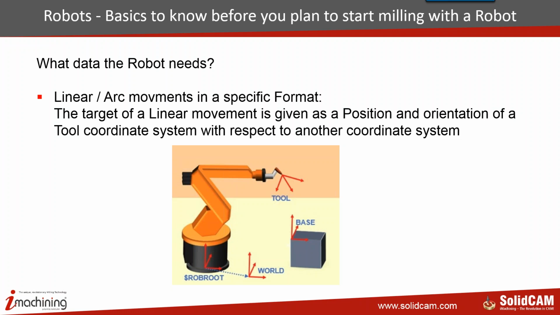The target of this linear movement is given as a position and orientation of the tool coordinate system, which you see here on the head of the robot, with respect to another coordinate system, which can be the base or the world.